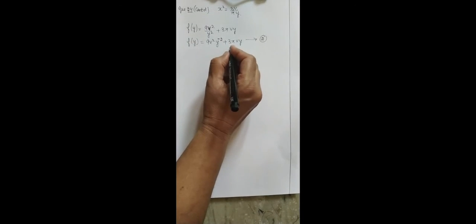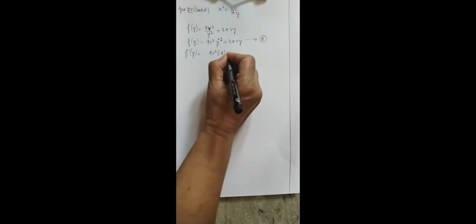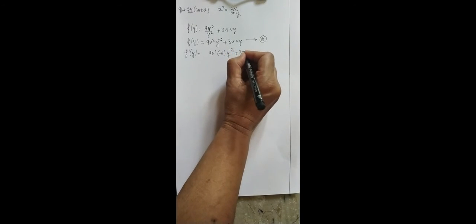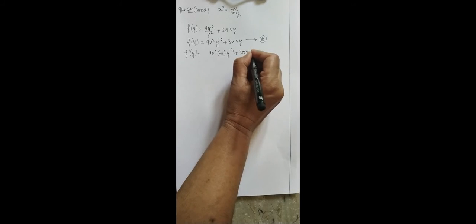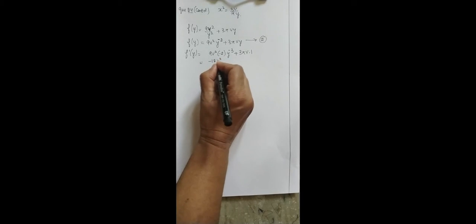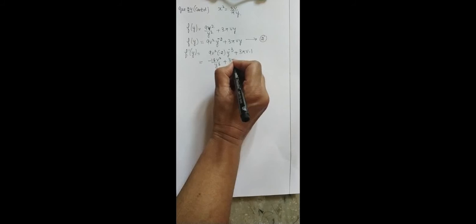Now differentiate it with respect to y. So now what is f dash y? It will be 9v square is constant, it is minus 2y raised to the power minus 3, plus 3 pi v is constant and derivative of y is 1. So now this becomes minus 18v square upon y cube plus 3 pi v.